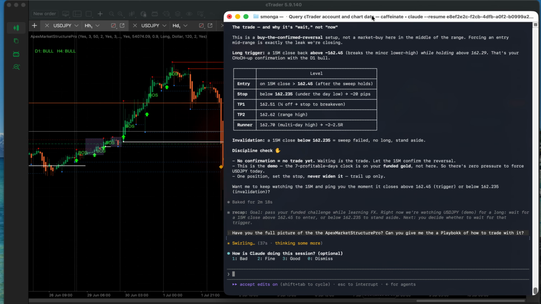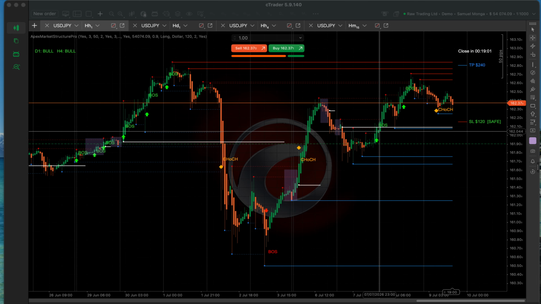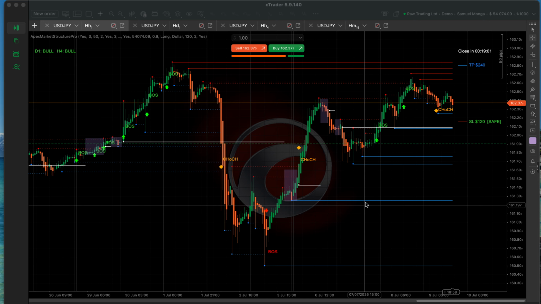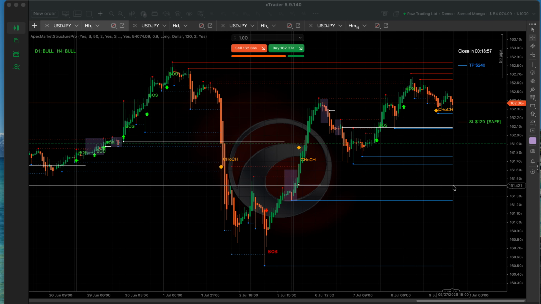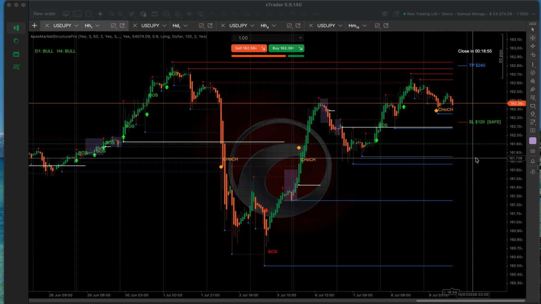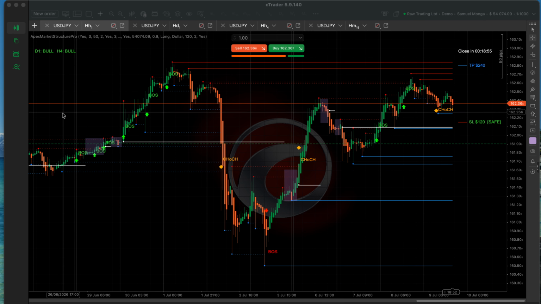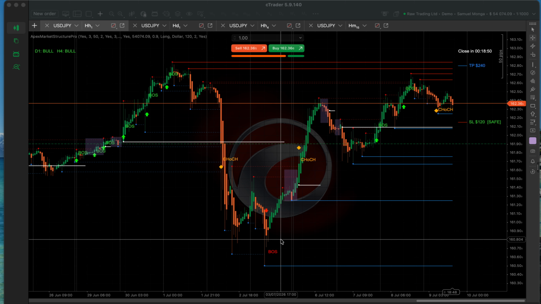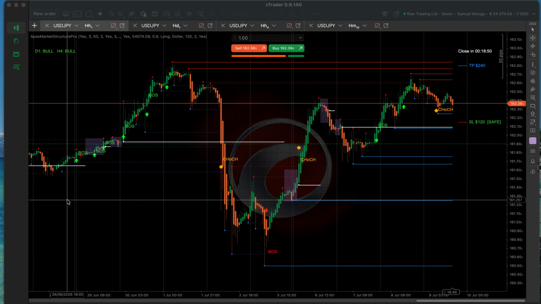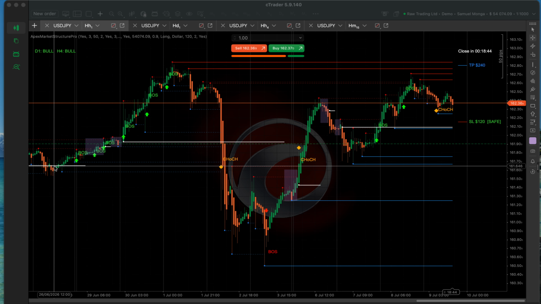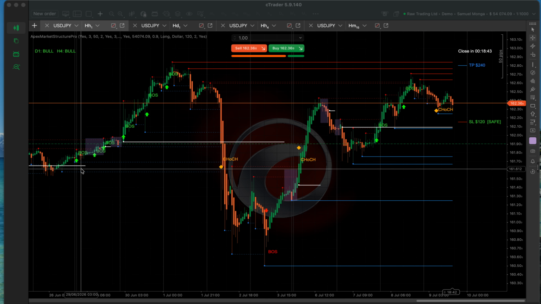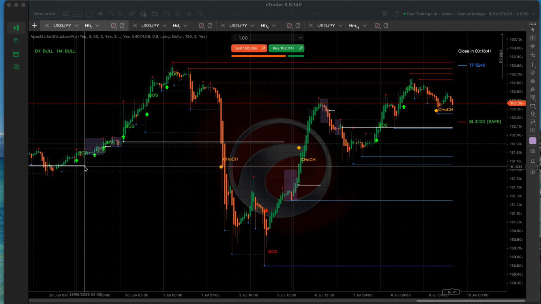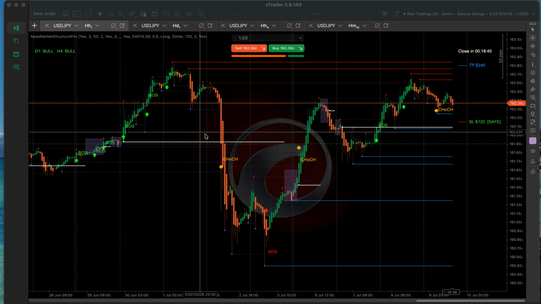So let me take this a little bit out of this presentation and come back here. As you can see, this is Apex Market Structure Pro. In the second video we're going to explain exactly what this white line, these arrows and these lines mean.